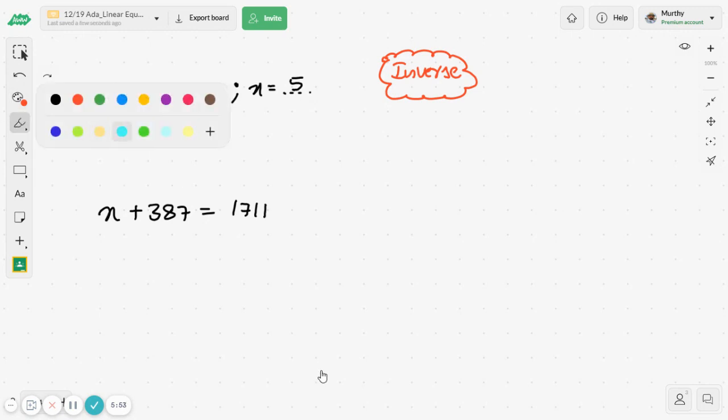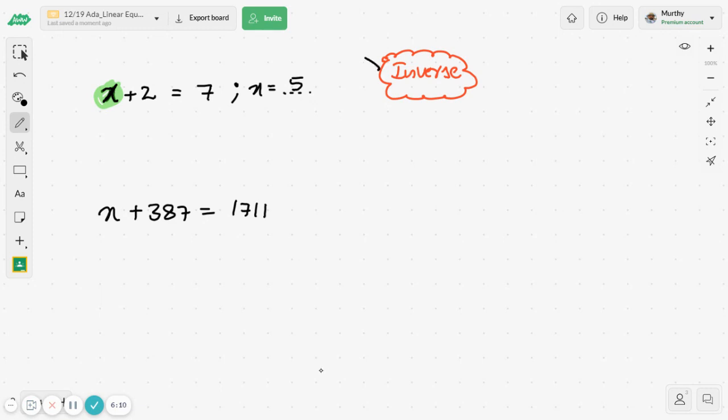Our target is to isolate, which means to make it all alone. We have to isolate the variable. So how can I isolate it? First of all I have to detach positive 2.